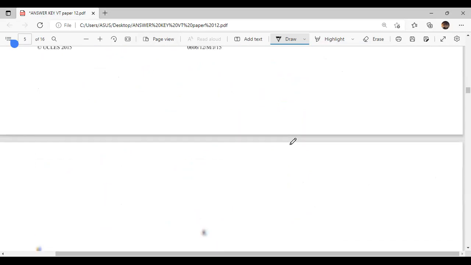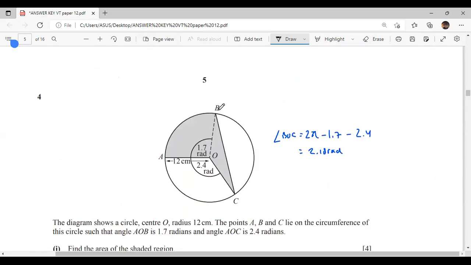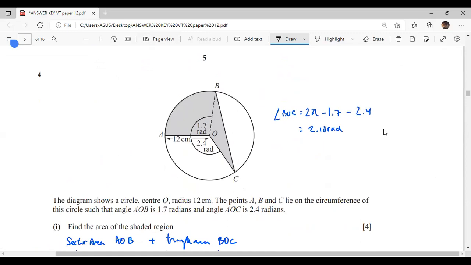And then next, there you go. This is the hardest part. Everything is in terms of radian. Since everything is in terms of radian, you have to understand that 360 degrees is 2 pi radian, right? Remember this? Okay, so to find angle BOC, we have angle AOB 1.7, angle AOC is 2.4, and angle BOC is 2 pi minus 1.7 minus 2.4.